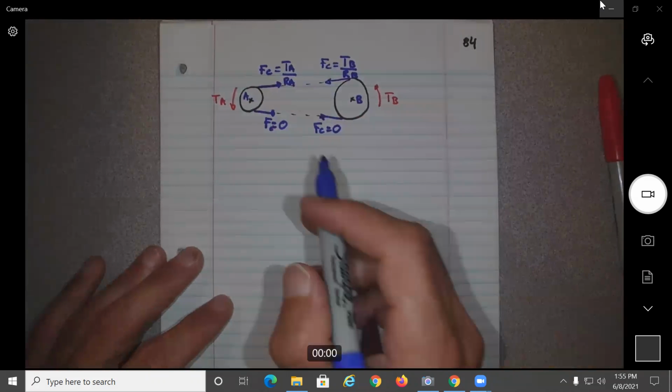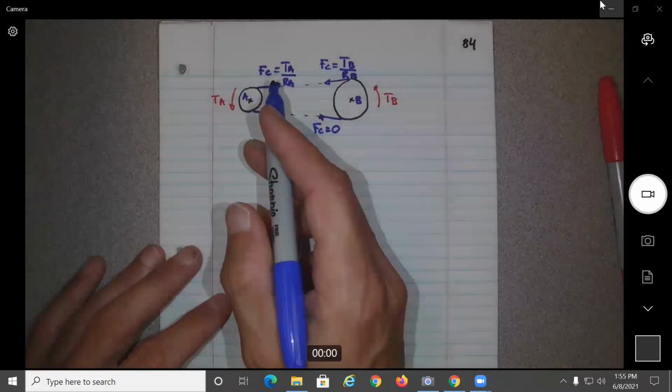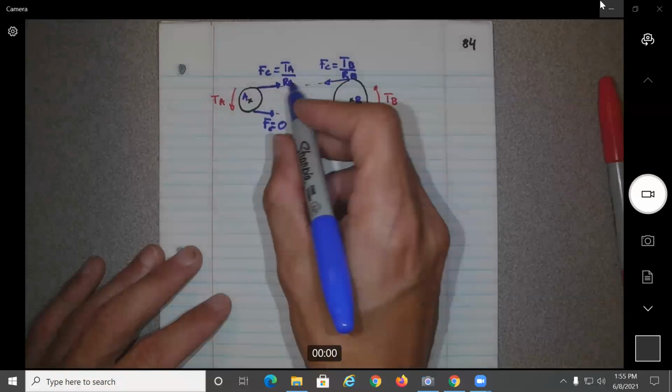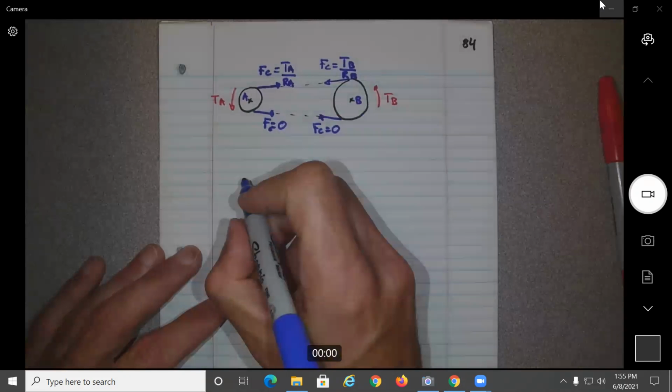If we look here at the force F of C, it doesn't matter which way we plot it, so let's say I draw it up over here this way.